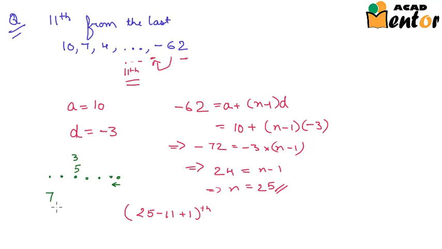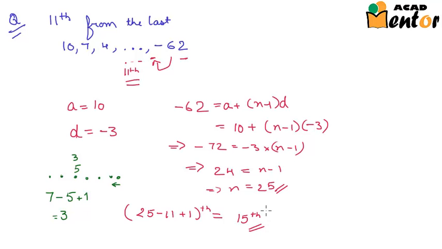That means 7 minus 5, where 7 was the total number and 5 the position from the back, plus 1, that is 3. Similarly, the 11th term from the back would be the (25 minus 11 plus 1)th term from the front. This means it will be nothing but the 15th term from the front.